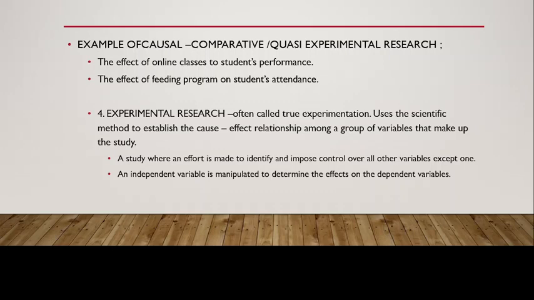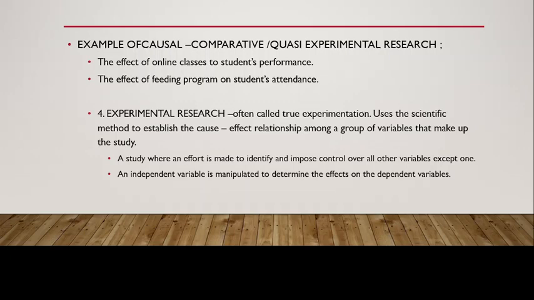So, to give you what type of variables are mentioned here, the online class is the independent variable and the student's performance is the dependent variable. Kung ano yung effect ng online class sa student's performance.